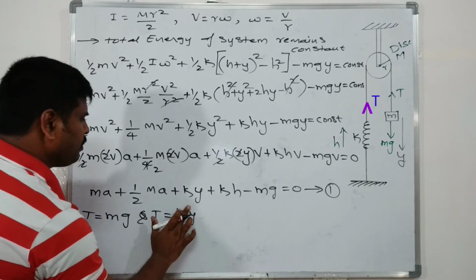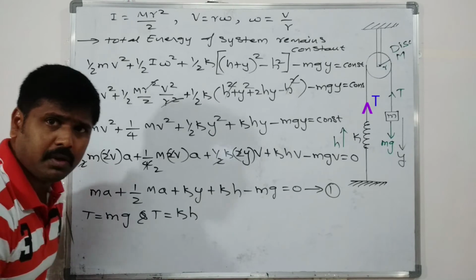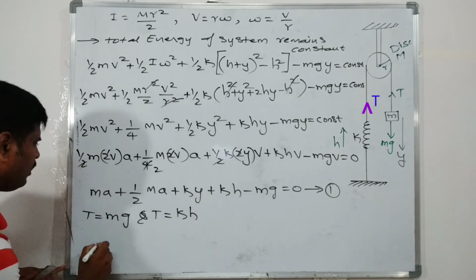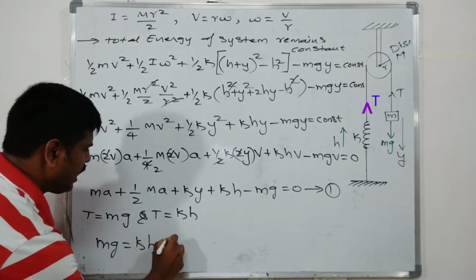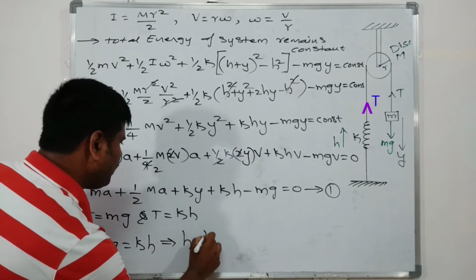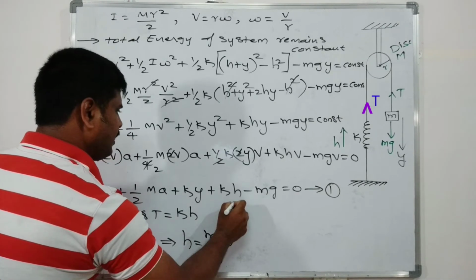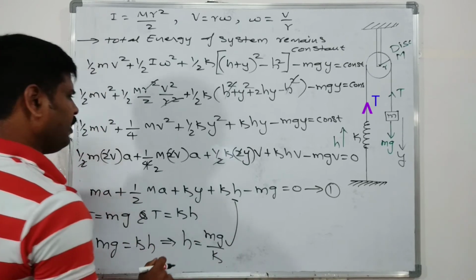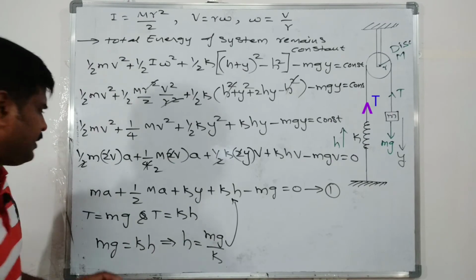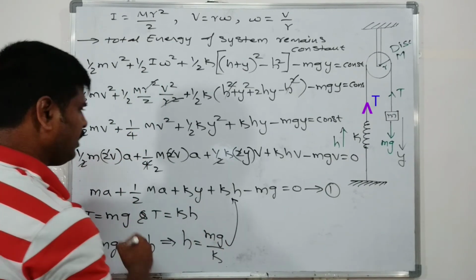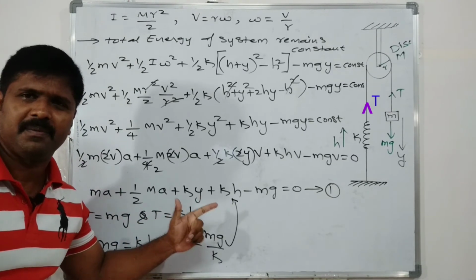Here h is the initial elongation, sorry for the mistake. So mg is equal to k h, and h is equal to mg divided by k. So this value is replaced here. Then the resultant equation is... first let me copy this and then I will continue.